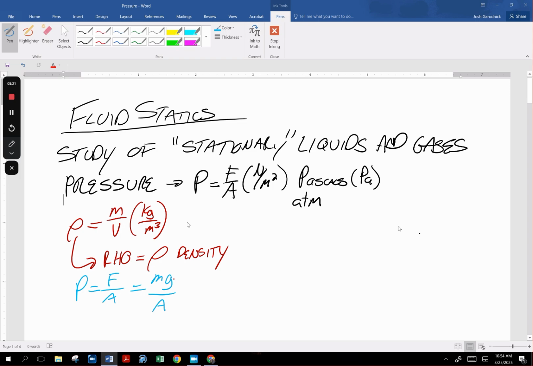Now, if I rearrange density for mass, I get mass equals density times volume. So I can make this density times volume times g over A. A being the area, but volume is meters cubed, area is meters squared. Cubed over squared just becomes meters, as in height. So this just becomes rho g h.